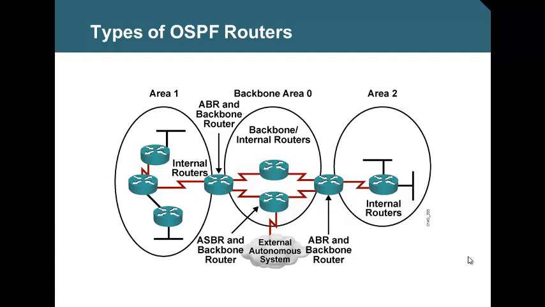Now this ASBR can be in area 0, and can also be in some other area. Recommended is to keep it in area 0. If you need, you can keep another one in area 2 or area 1. So the ASBR is the router responsible for reaching external networks. What is an external network?